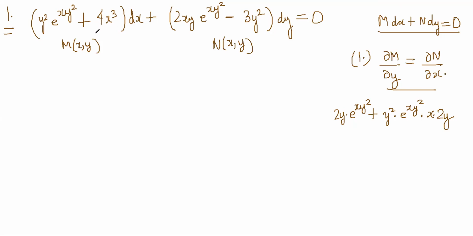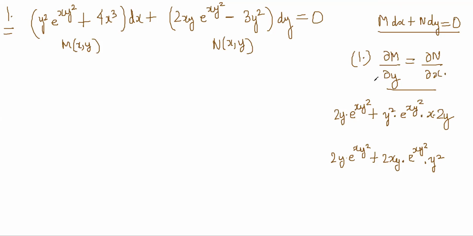On the other hand, with respect to x, that is going to be 2y e power xy square plus 2xy e power xy square into y square. It's the same. So now it is matching. Everything is matching, so it is exact.